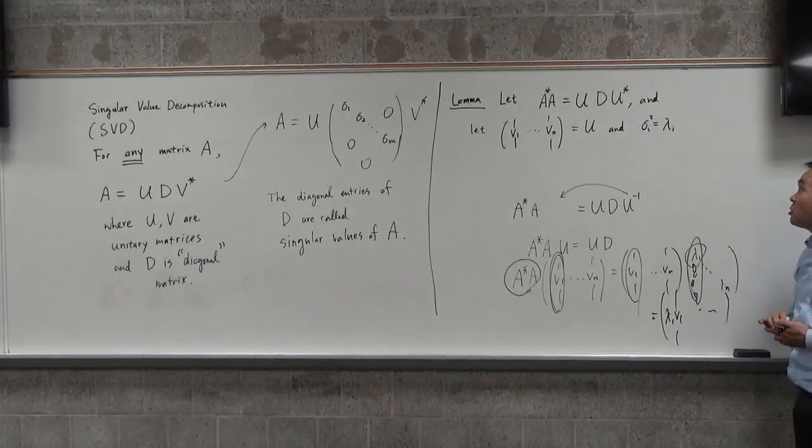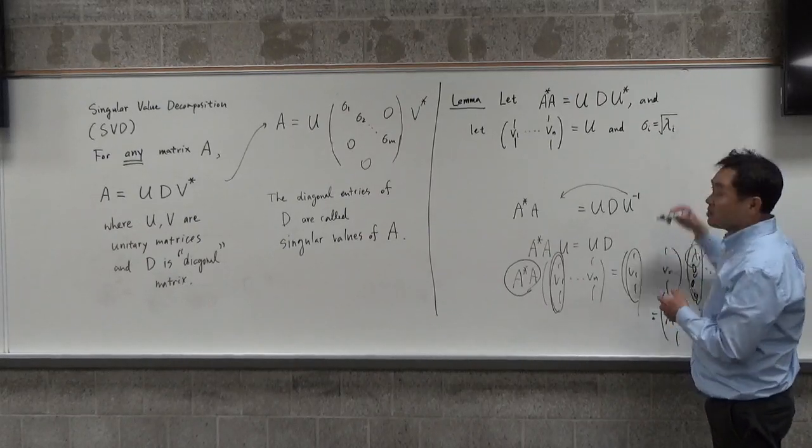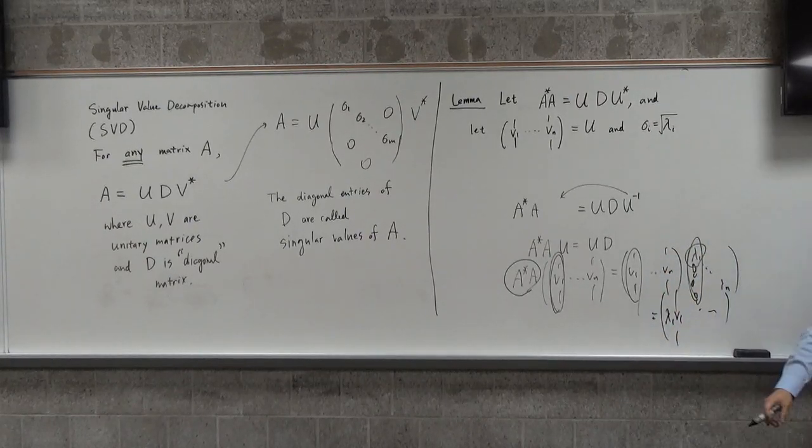Let's just say sigma I will be the square roots of lambda I.